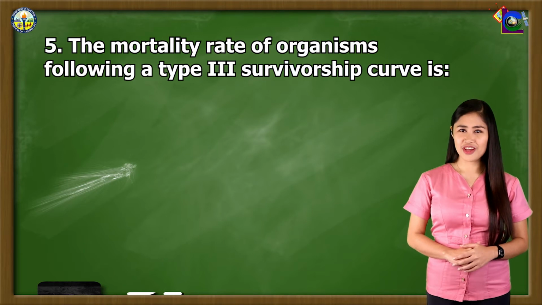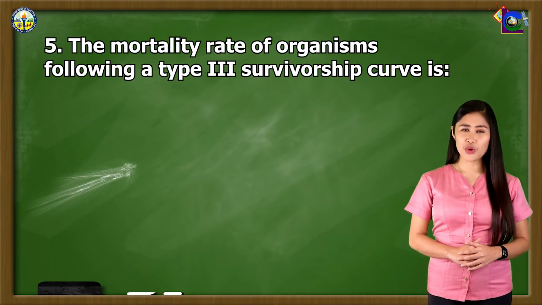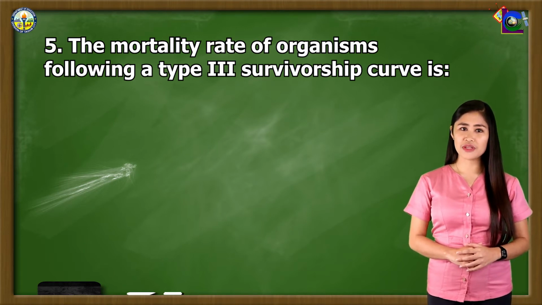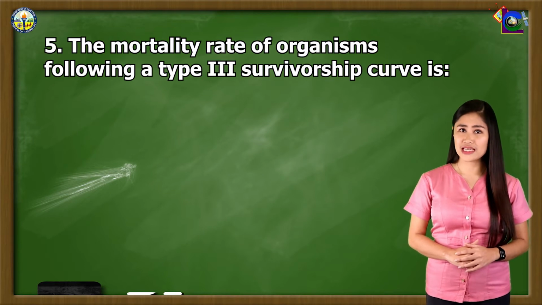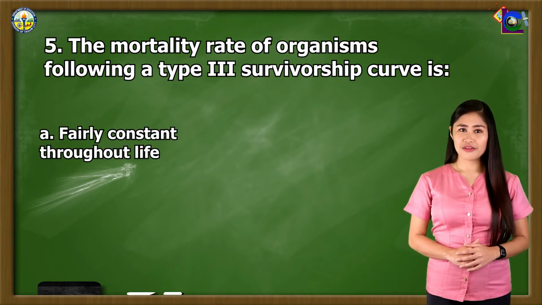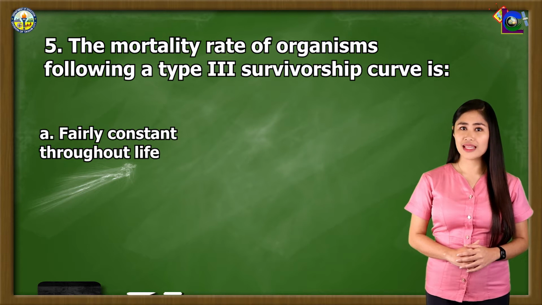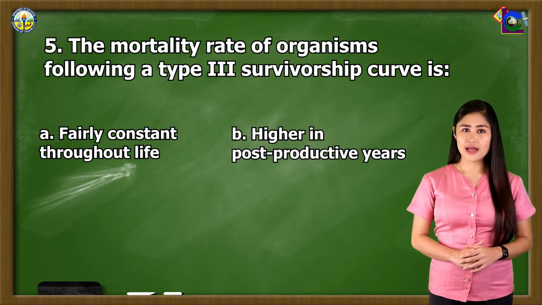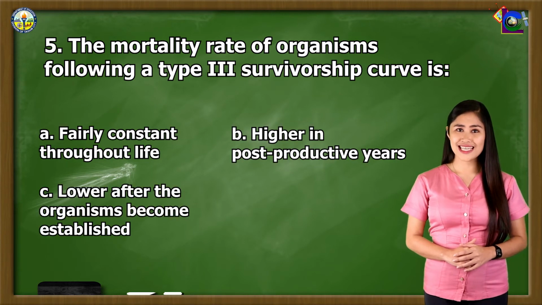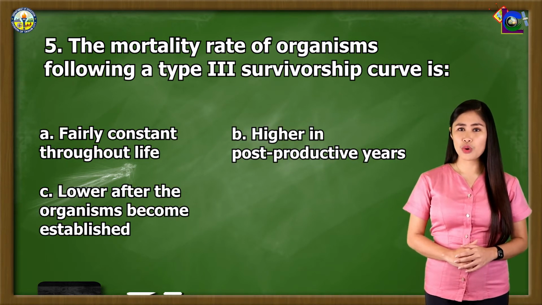Number 5. The mortality rate of organisms following a type 3 survivorship curve is A. Fairly constant throughout life. B. Higher in the post-reproductive years. C. Lower after the organisms become established.